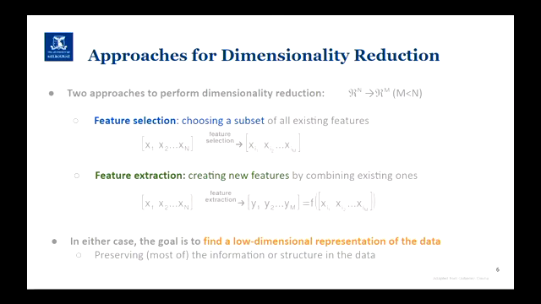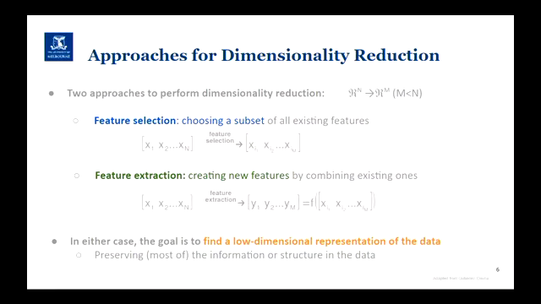The first one was feature selection, where out of our complete set of features, we choose a subset based on different criteria and different objective functions. The other alternative is feature extraction, where we create new features based on existing ones.